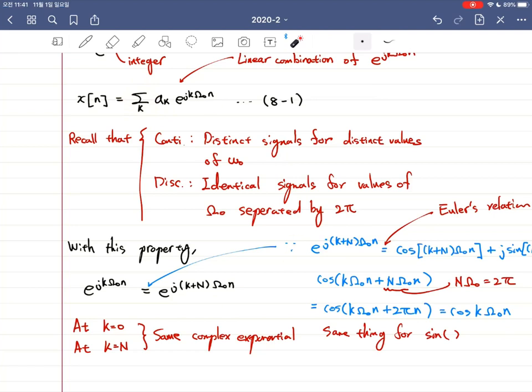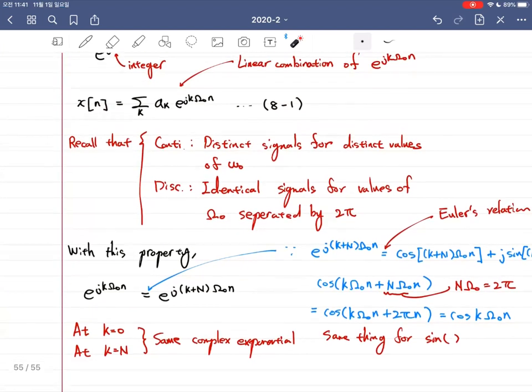However, in discrete time, because of this property, you don't have to do the summation for infinite times. You only need to do it for just one period, because after that, the complex exponential repeats itself, right? It acts like a periodic signal.